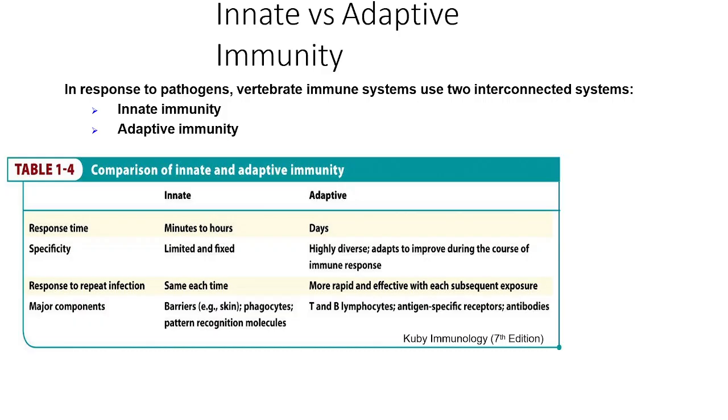The response to repeat infection is the same each time for innate, but for adaptive, it's more rapid and effective with each subsequent exposure. And the major components are, for the first line of defense, the skin, phagocytes, pattern recognition molecules, PRMs, and for adaptive, you have the T and the B lymphocytes, antigen specific receptors, and the antibodies.